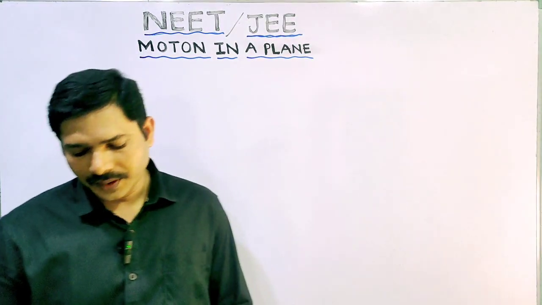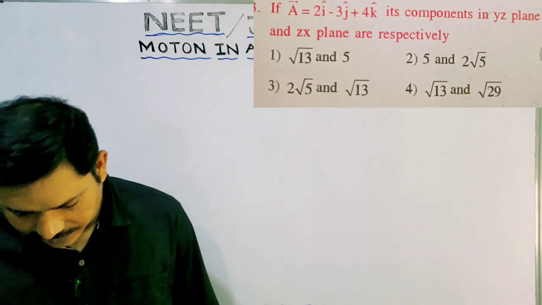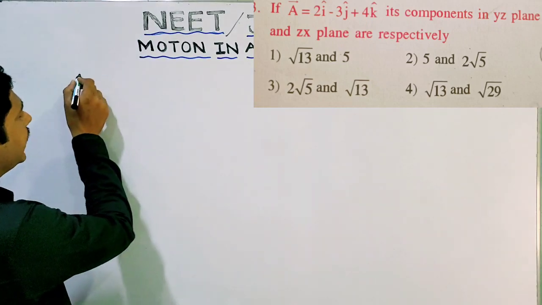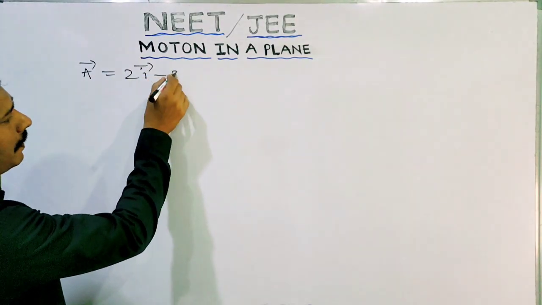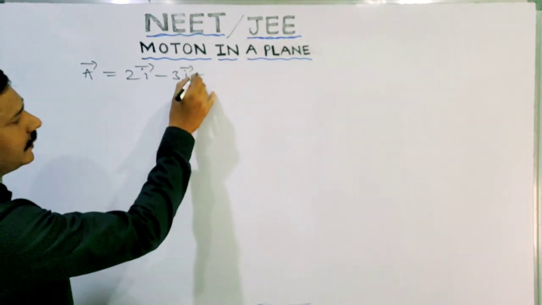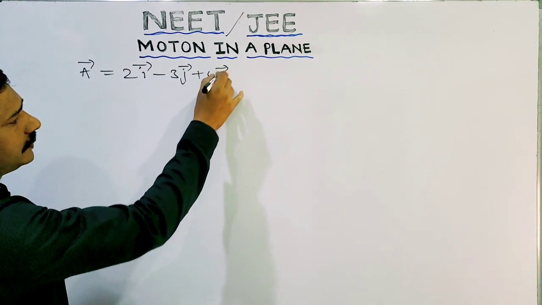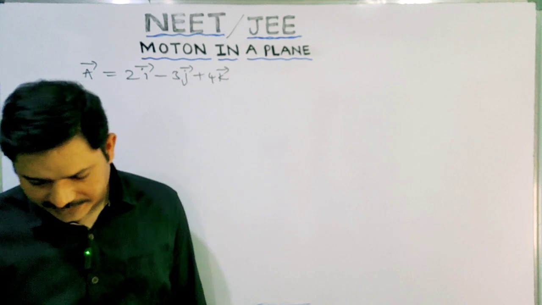In another, a vector is given: 2i bar minus 3j bar plus 4k bar. So the vector is given like that.